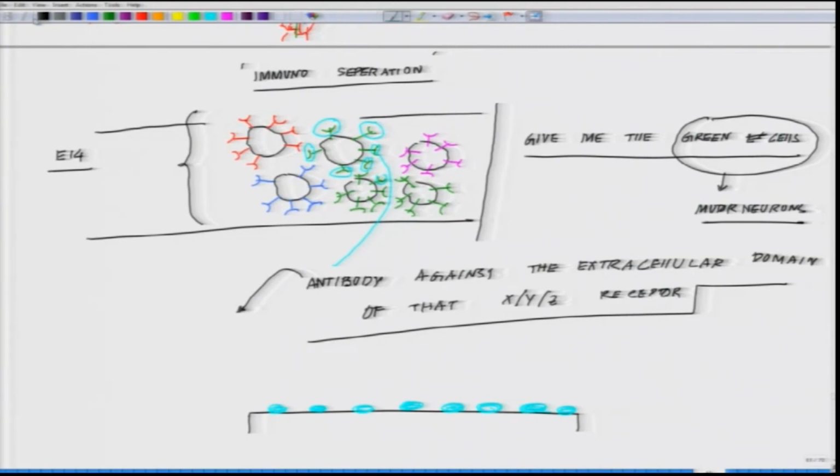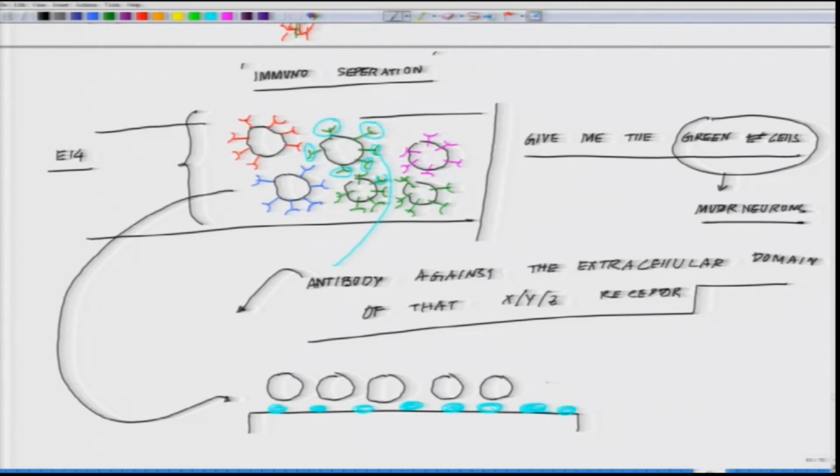Now, what you do, you take this mixture of cells and you roll the mixture of cells on top of it. So, what will happen? The cells, if they have the receptors for this particular thing, they will go and bind.